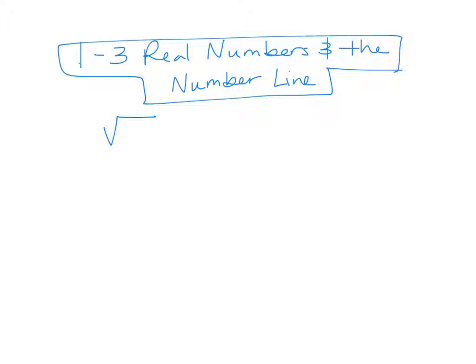So that's a square root, okay? That's the square root button. Anyone know what a square root does? Or what a square root is? It is multiplication of itself, essentially, right?